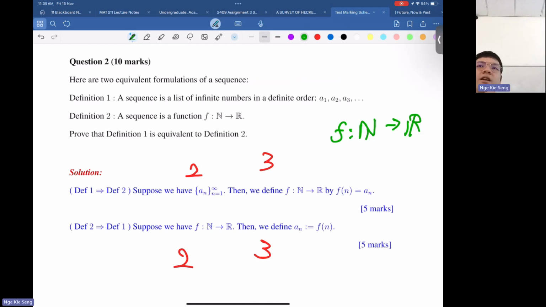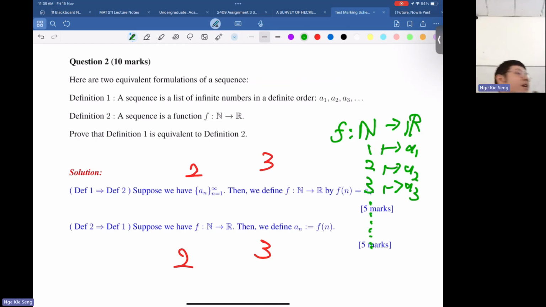You give me an element in the domain, tell me where the image should be. 一应该要去哪里？二应该要去哪里？三应该要去哪里？You need to define. But I claim that there's a natural way to define this function: just send 1 to a1, 2 to a2, 3 to a3. And then this will settle all the n.